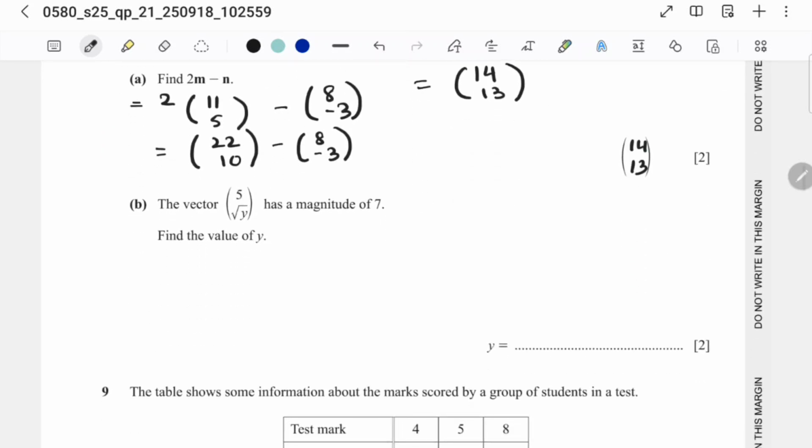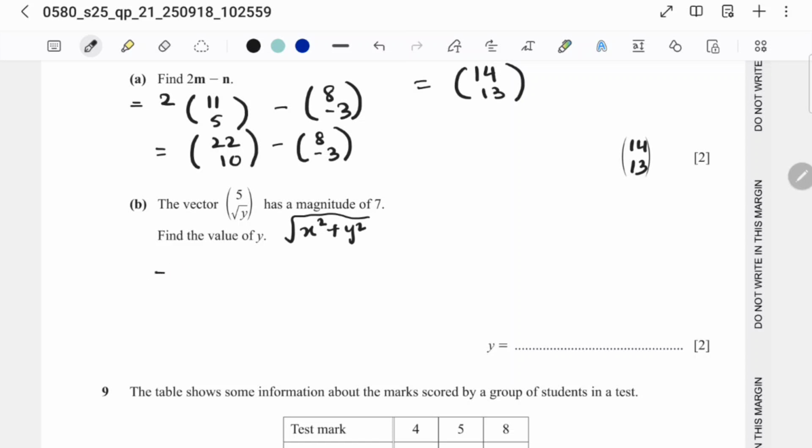So part B is the vector (5, square root y) has a magnitude of 7. Magnitude is the square root of x squared plus y squared. Find the value of y. Okay, so you know that the magnitude is the square root of x squared plus y squared. Here x is 5 and y is square root y.